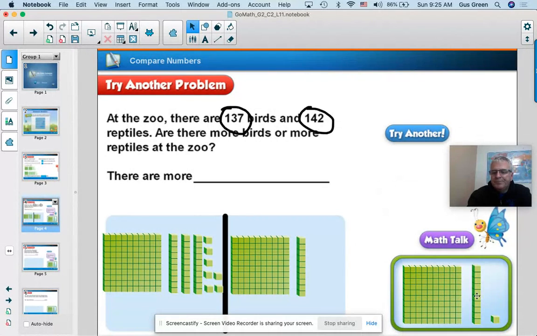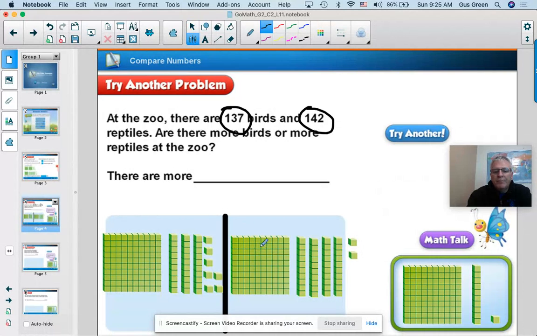Now let's do 142. There's 30, 130, 140, and 142. And one strategy we can use is to just cancel these things out to see who has more. So they each have 100. So that's even.